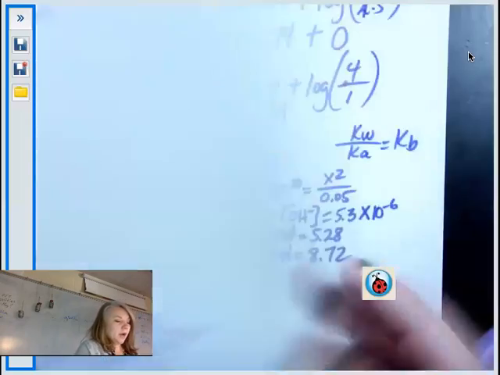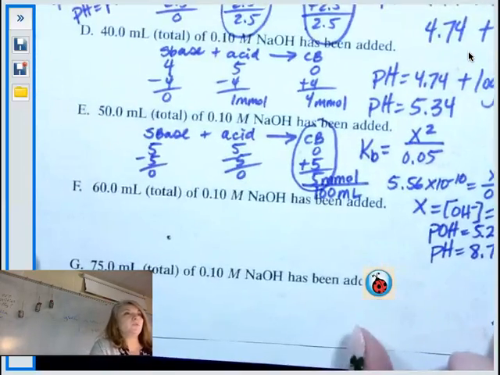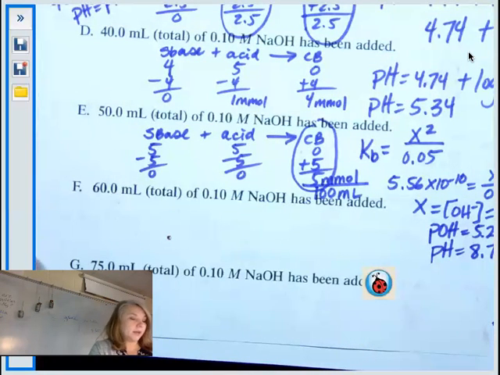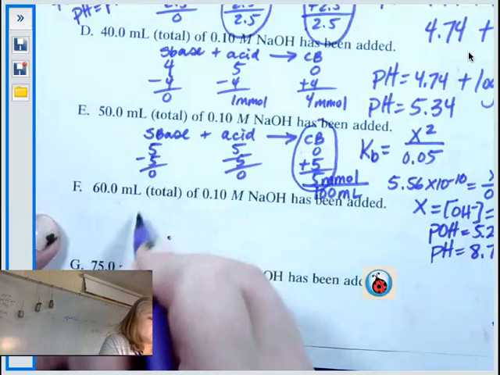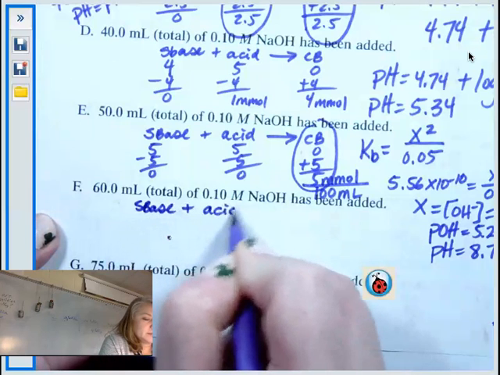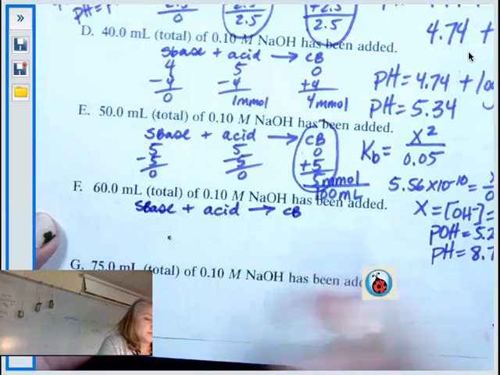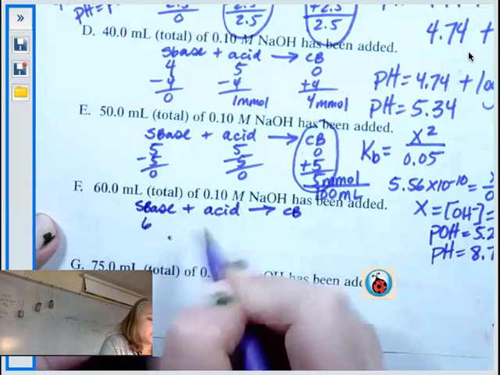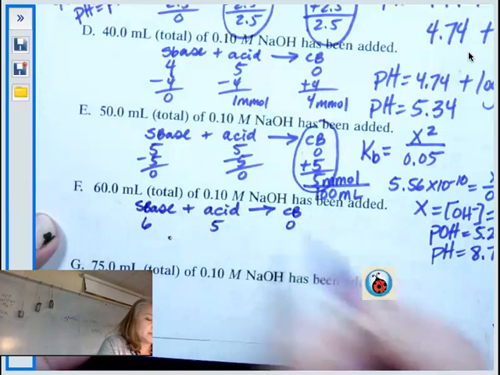I'll show you. All right, so now, guys, once you hit the equivalence point, the rest of this is easy, because it's all about the strong base. Let's look at what we've got. Strong base plus acid makes conjugate base. So our strong base, we have 6 millimoles, the acid 5, conjugate base 0.